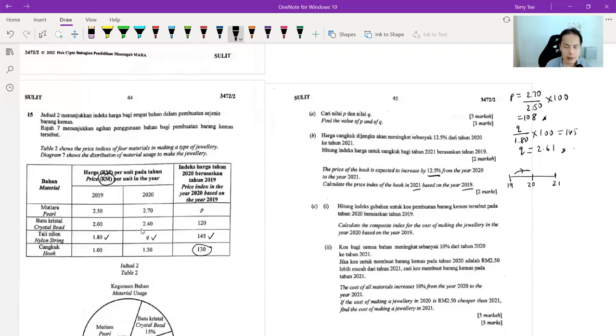From 19 to 20, the price has gone up by 30%. 130 means increase by 30%. From 2020 to 2021, increase by 12.5%. So index-wise, we write 130, 112.5. Sorry, I wrote wrongly. 12.5%, 112.5. So to find the overall increase, we just take these two consecutive indices, multiply together, divide by 100.